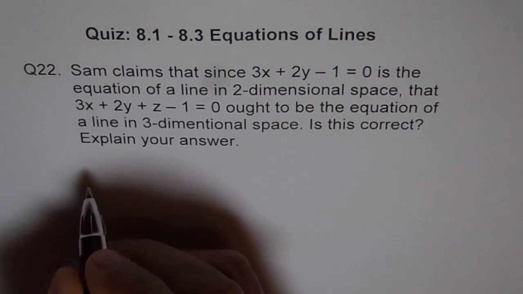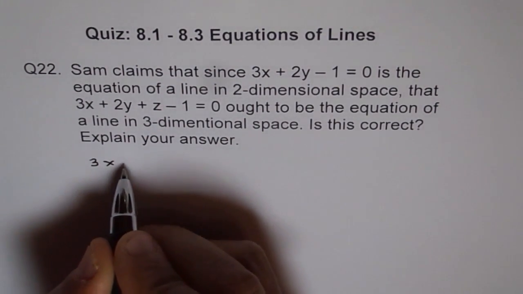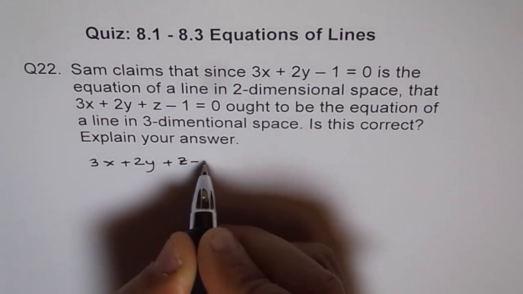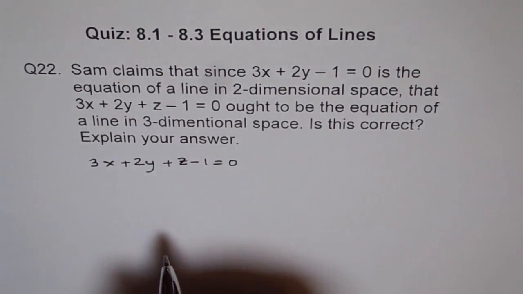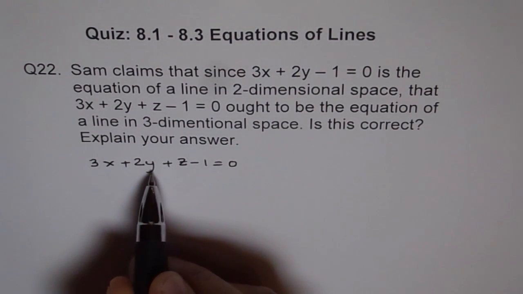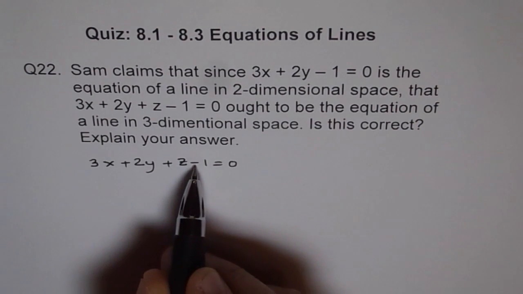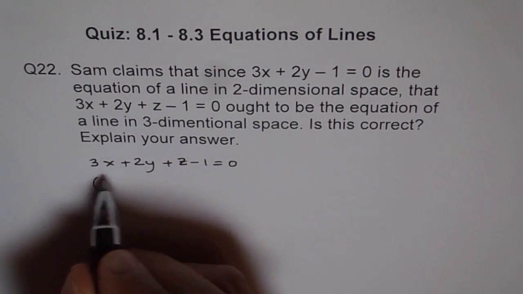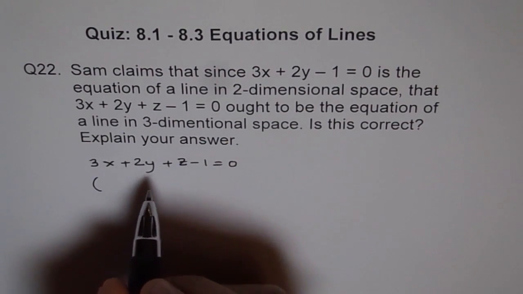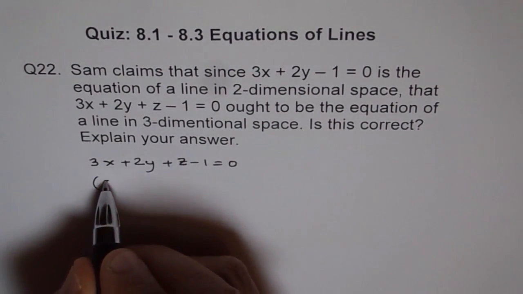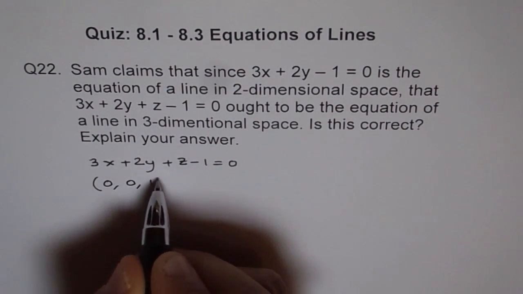So the equation here is 3x plus 2y plus z minus 1 equals 0. If I put x as 0 and y as 0, then what point do I get? I get z equals 1. So one of the points on this object is (0, 0, 1).